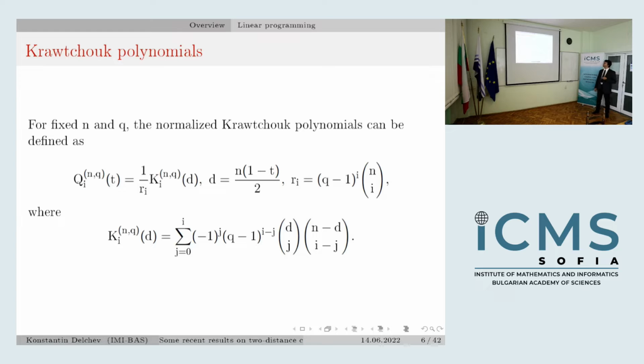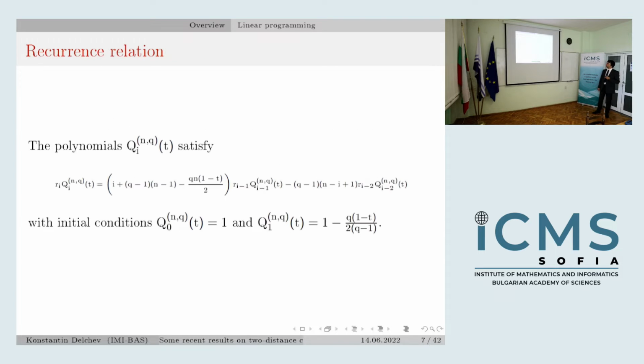They're orthogonal polynomials, which are equipped with a nice formula. And okay, we use this form with this substitution instead of the actual Krawtchouk polynomials. This is related to us using inner product and not distance. They enjoy this recurrence relation of second degree, and these are the initial conditions.